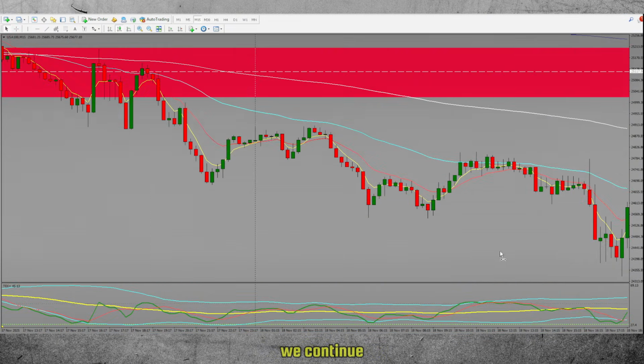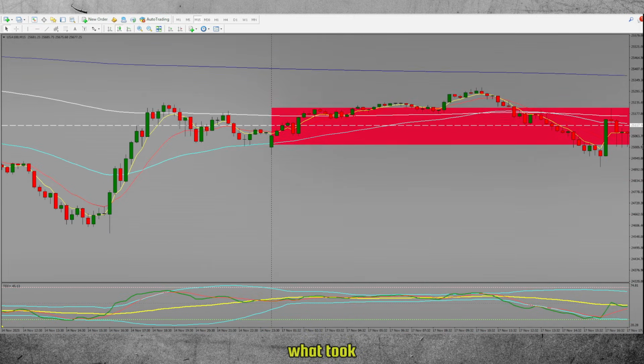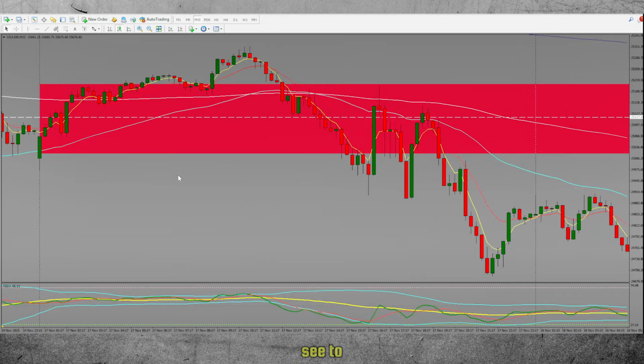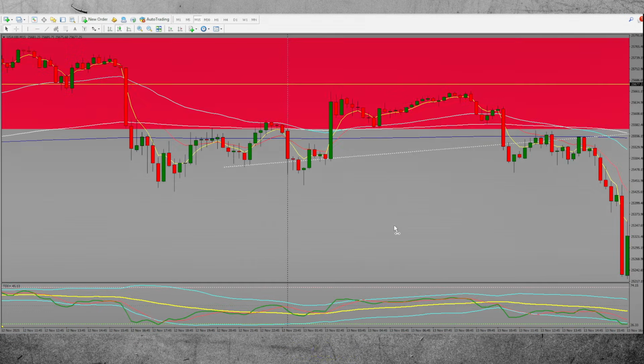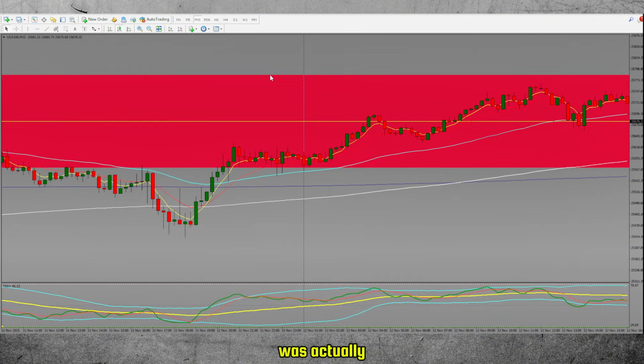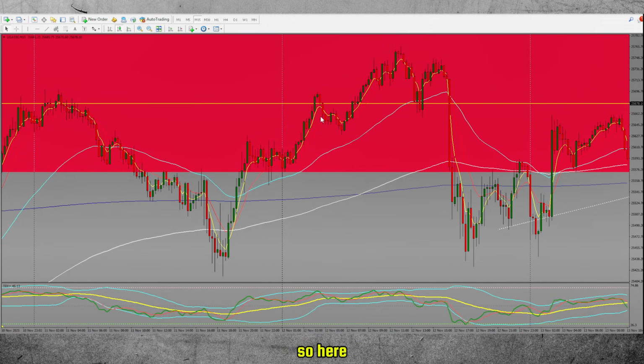So if we continue on the previous one to see what took place here, the other point that we are going to make an entry was at this particular price point. Here, we said when we reach 50% of the order block, that is where we want to take action. But in this instance, we reached 50%. There was no candlestick reversal pattern.